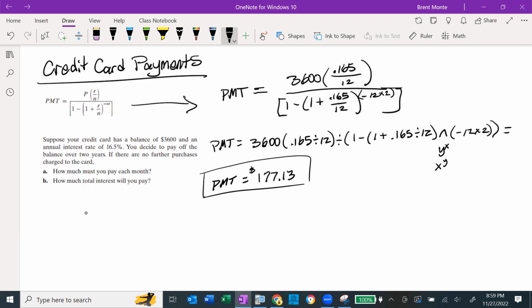How much total interest will you pay? Well, let's think about this. So for part B, the interest is going to be the total of the payments minus what we originally owed.